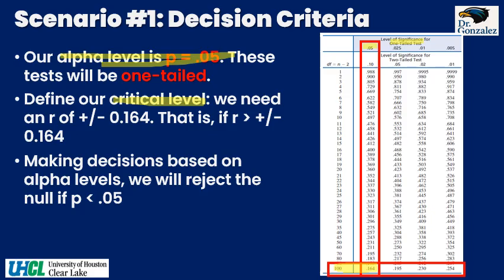Do you need to calculate that if you were doing this in Jamovi? No. If you were doing this in Jamovi, when you evaluate your Pearson coefficient, you're going to make a decision based on this alpha level right here. If the p-value in your results is less than 0.05, you have a significant result.